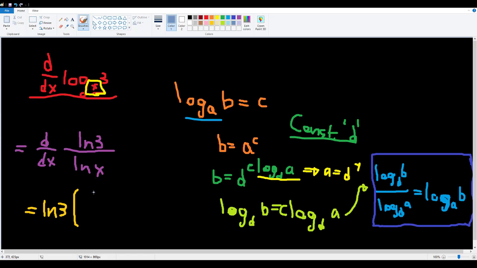So, if you have 1 over x over ln x squared, you'll just have 1 over x ln squared x. And I will close these brackets. And that is going to be almost it.